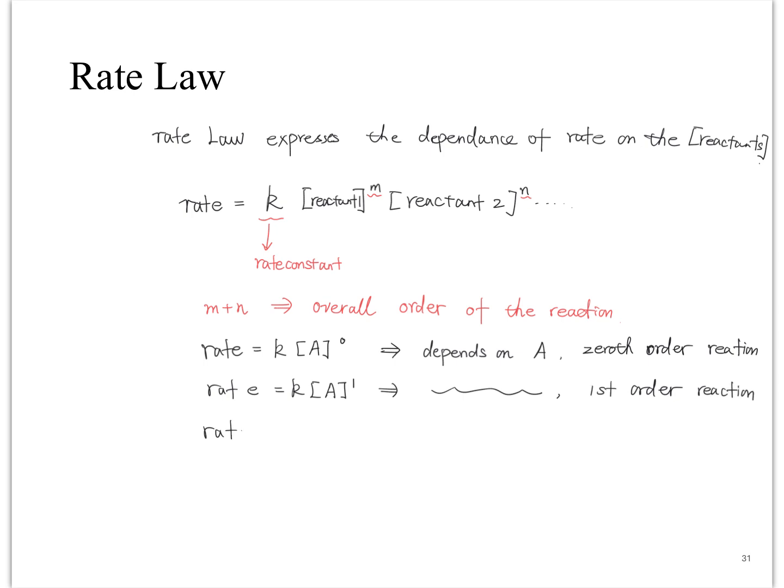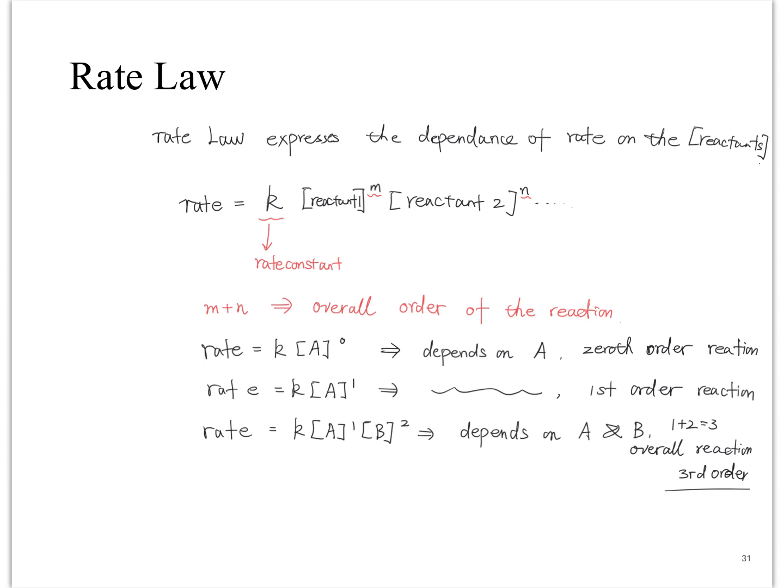If the rate equals, for example, k times A to the power of 1, B to the power of 2, meaning this reaction depends on the concentration of A and the concentration of B, and m plus n, 1 plus 2, is 3. The overall reaction order is third order reaction. So that is a rate law.